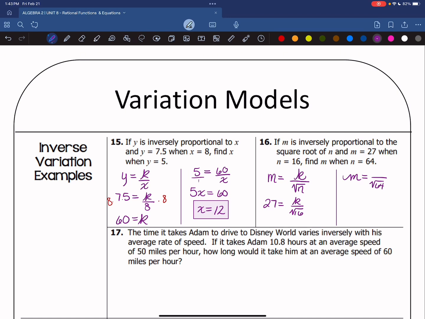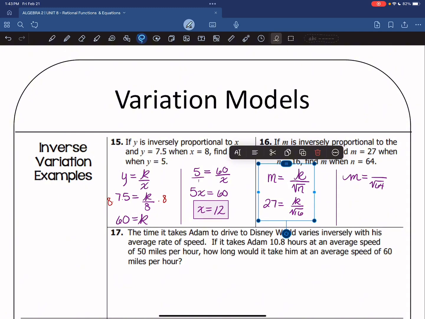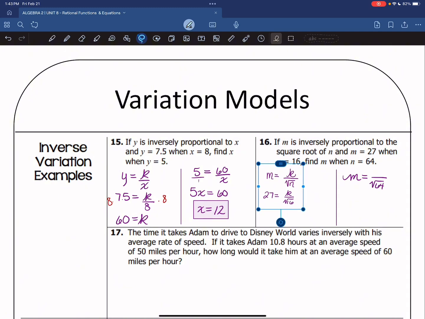All right, so let's go ahead and simplify this a little bit. I know that if I were to rewrite this, I'll rewrite it down below. Let me make this just a little bit smaller here. There we go.